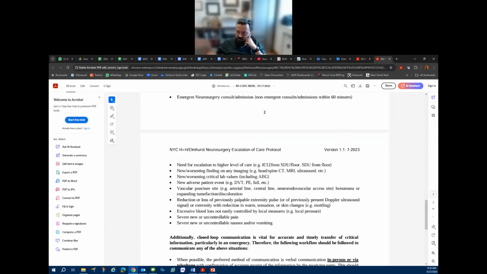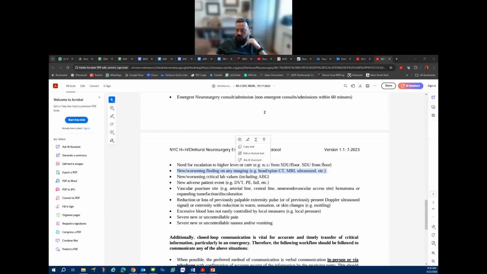So if they need to go to the ICU from the step-down unit, or to the step-down unit from the floor, or if there's any new or worsening finding on any imaging. So again, if we have a patient that we are getting a routine head CT on, we should be double checking to see when that head CT is completed.